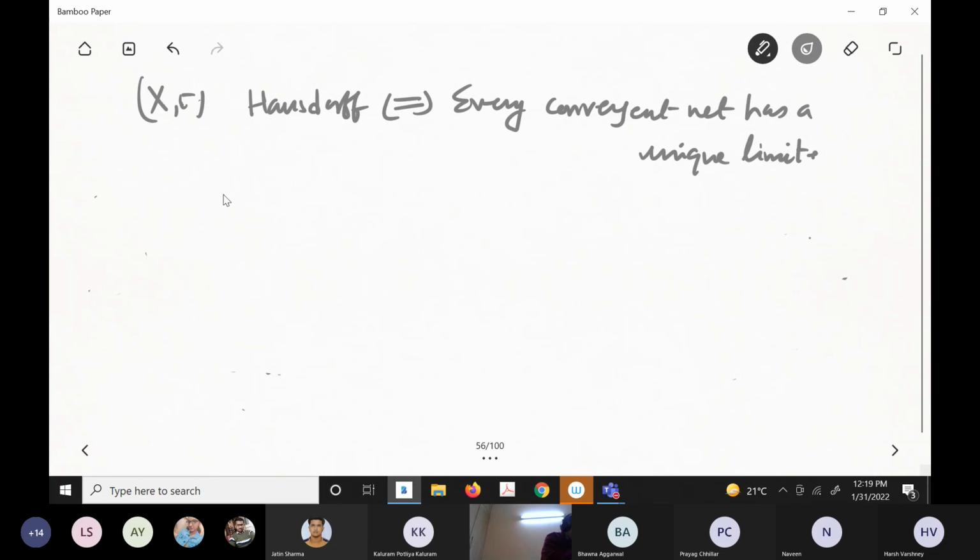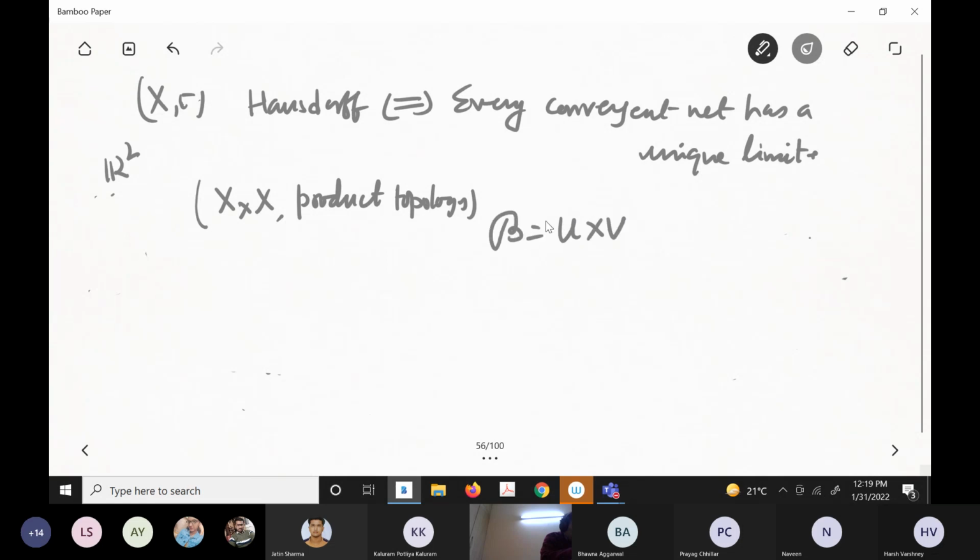Now look, if you have (X, tau), then you can have X cross X. It's called the product topology. You take the product with itself, like you do in R square, take the product of R with itself. This is a topology. Remember here the base will be U cross V, where U, V belong to tau, is a base for the product topology.